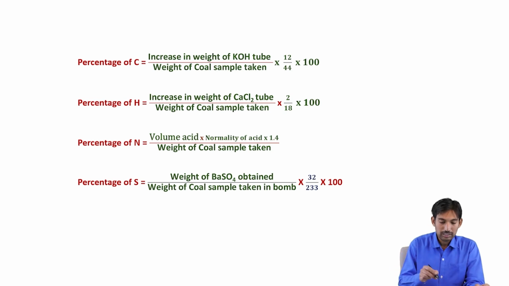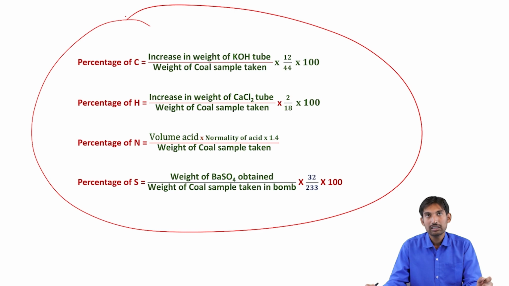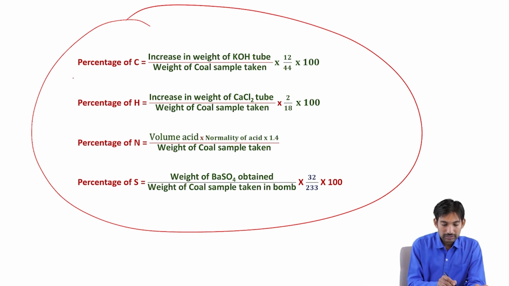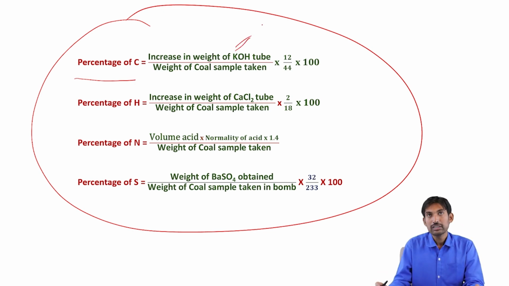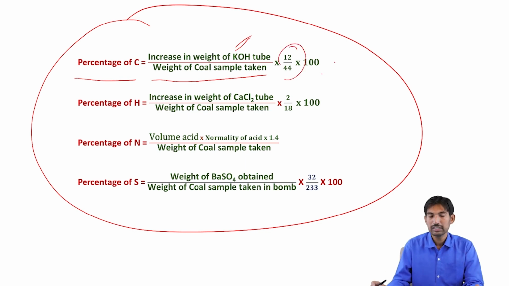These are the formulas obtained from proximate and ultimate analysis. For ultimate analysis, percentage of carbon equals the increase in weight of the KOH tube divided by the weight of coal sample taken, into 12 divided by 44, into 100. Here 12 is the weight of carbon and 44 is the weight of carbon dioxide.